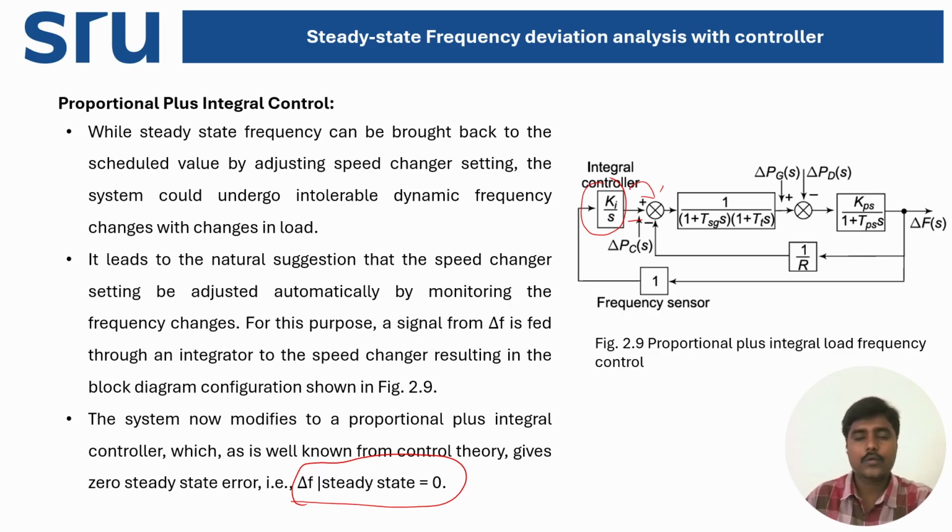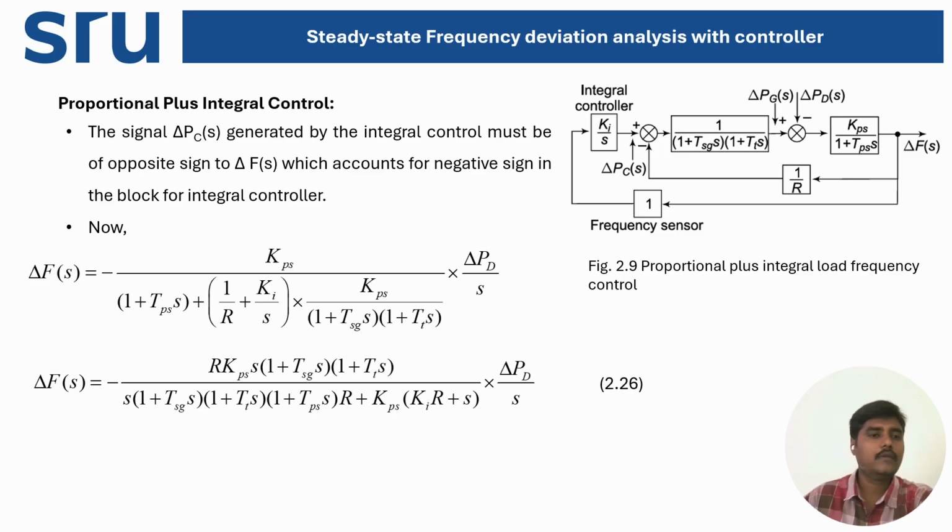Now let's see what are the changes in the mathematical equations after incorporating this integral controller. The signal delta PC of S generated by the integral control must be of opposite sign to delta F of S. Earlier, when the integral controller is absent, the signal is delta PC of S. After incorporating this integral controller, this delta PC signal, which acts as the input, comes out of the integral controller.